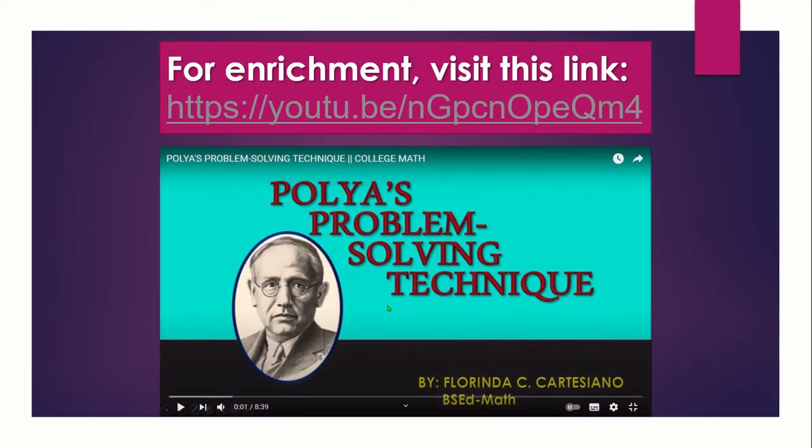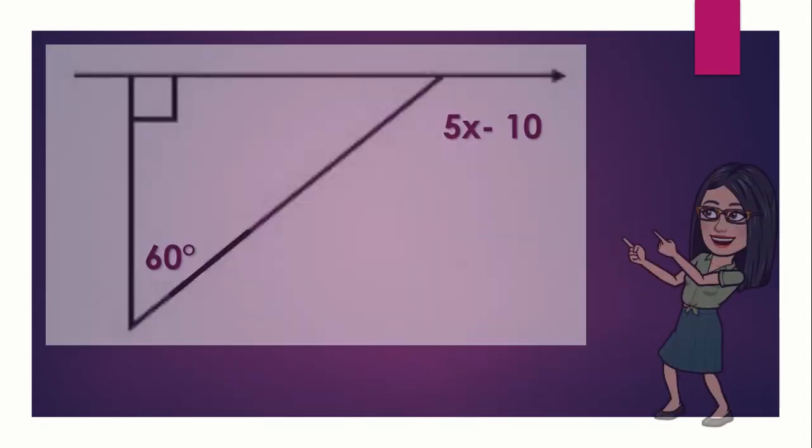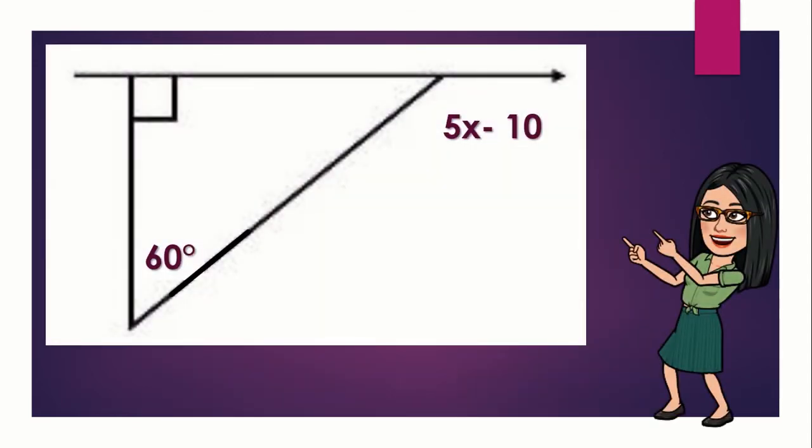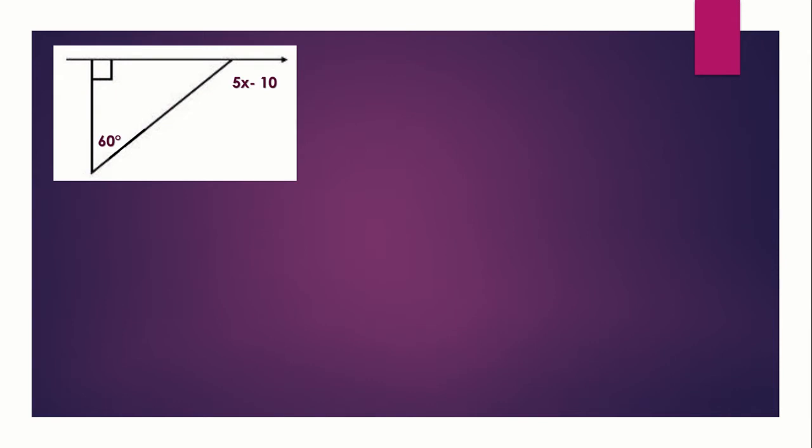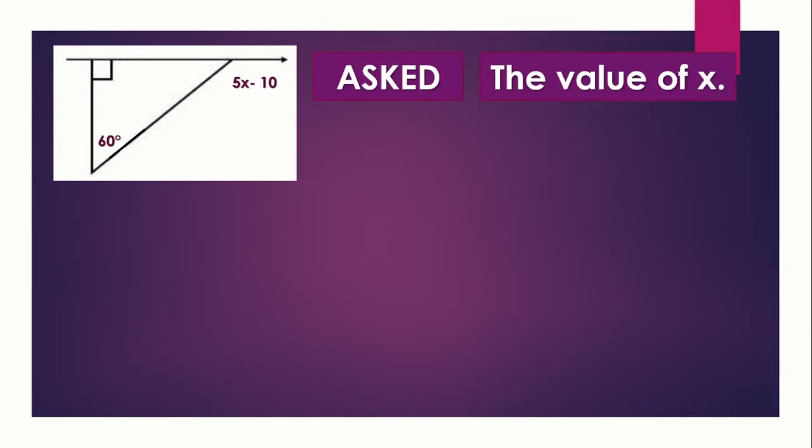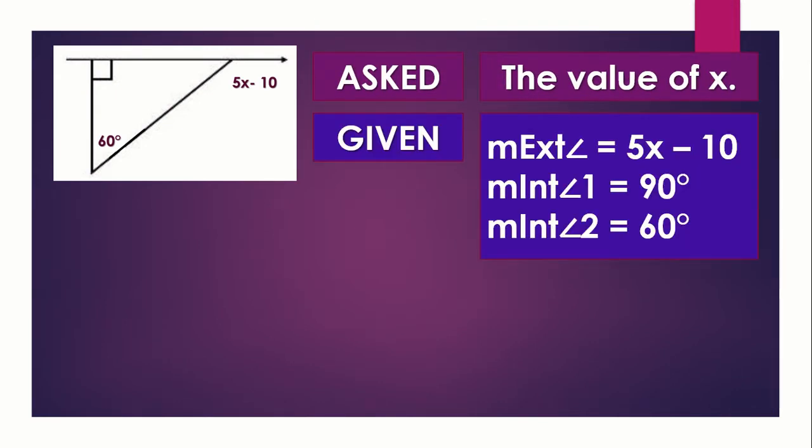The problem-solving strategy is loosely based on Polya's problem-solving technique. Now, going back to the illustration, let us apply the strategies in solving problems. Asked: the value of x. What are given?